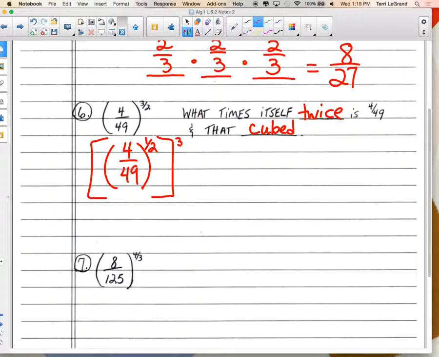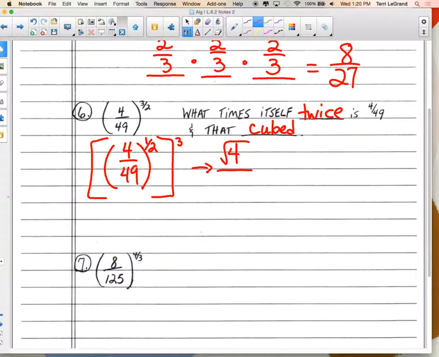And then we're going to take that answer to the 3rd power. So let's just do it like this. This can be given, each of those, 4 to the 1/2 power. Does 4 to the 1/2 power mean the square root of 4? Yes. And does 49, because each of these would have to get their own 1/2 power, right?